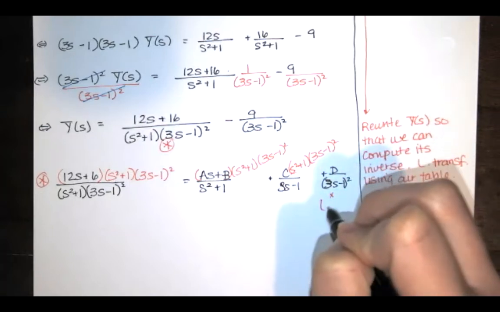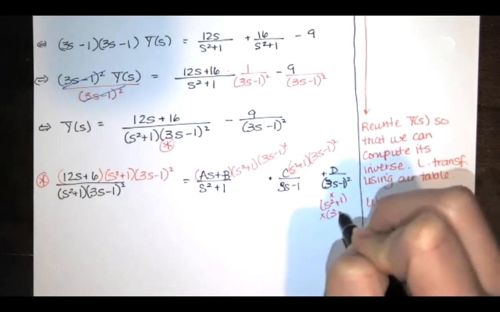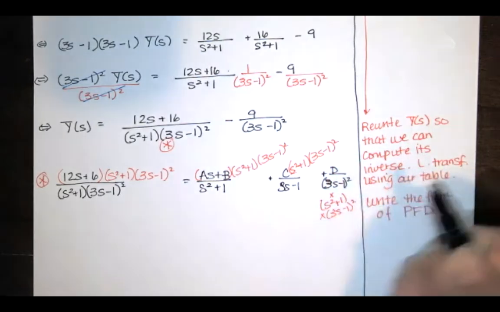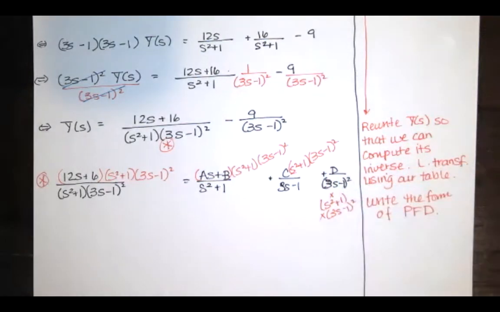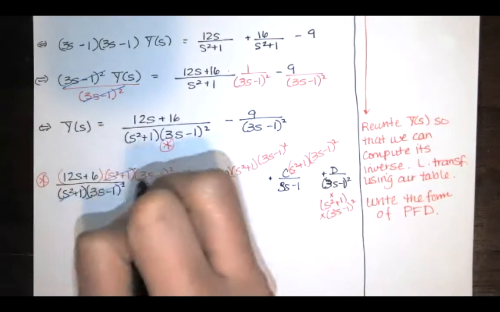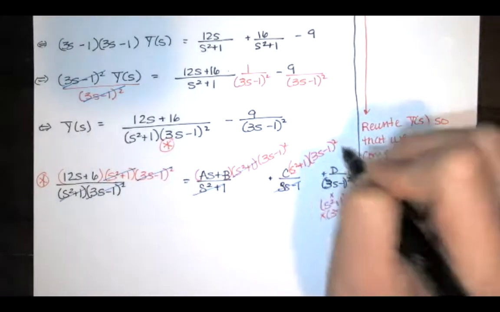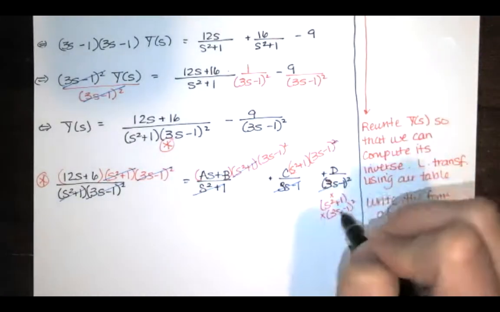That should be in the numerator, but I've sort of run out of space. So that's multiplying that entire term, not just the denominator there. And then we'll simplify. This reduces with this, and this reduces with that. The s squared plus 1 reduces there. One of these will reduce, and then both of those will reduce.